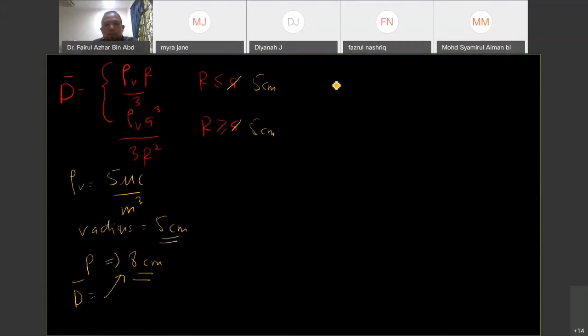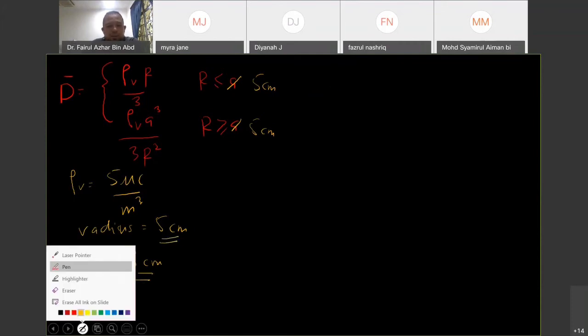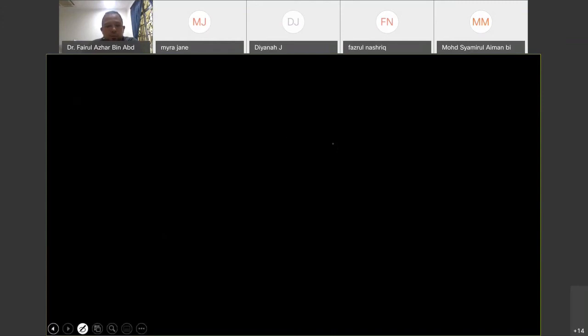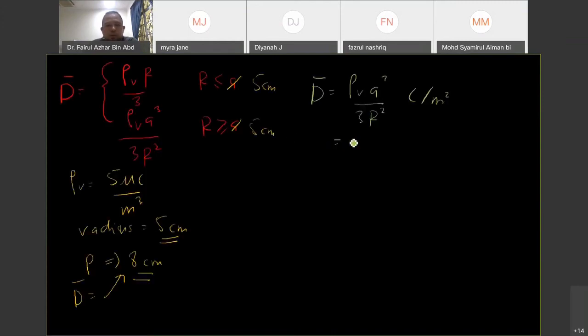So in this case, we just put all the parameters we know. The vector of D is equal to rho v a to the power of 3, divided by 3 r squared, in coulomb per meter squared. The value of rho v is equal to 5 microcoulomb per meter to the power of 3, multiplied by A to the power of 3.